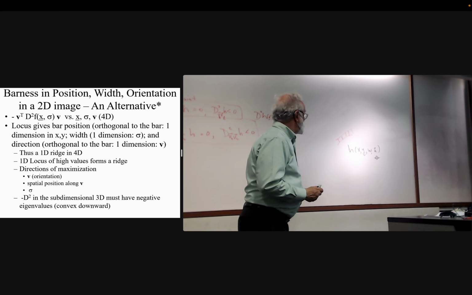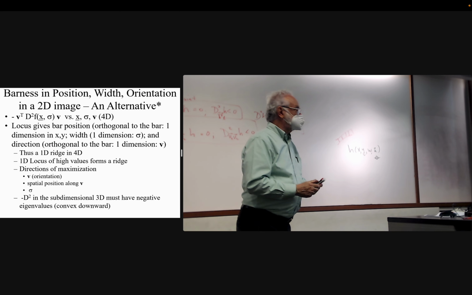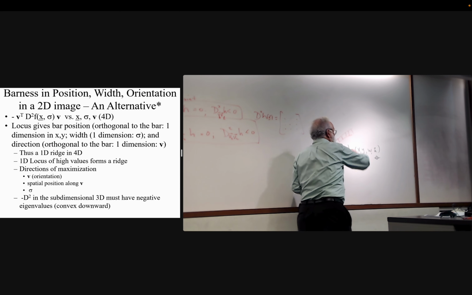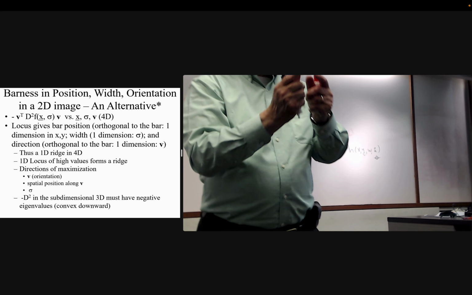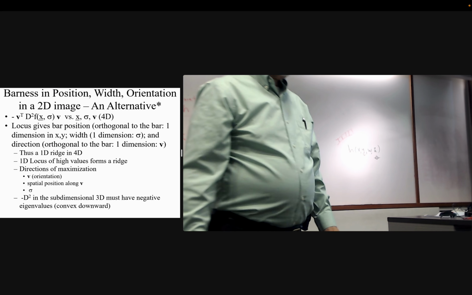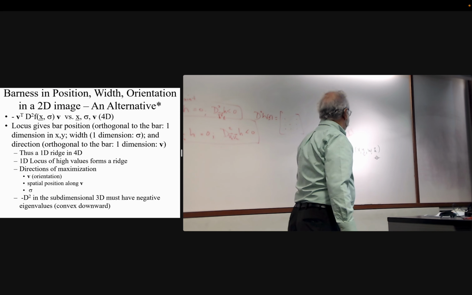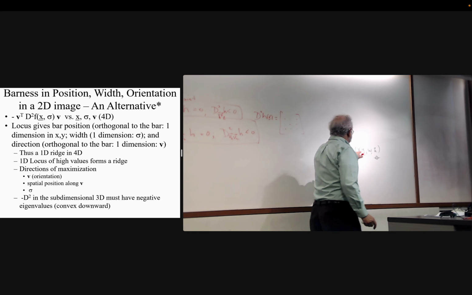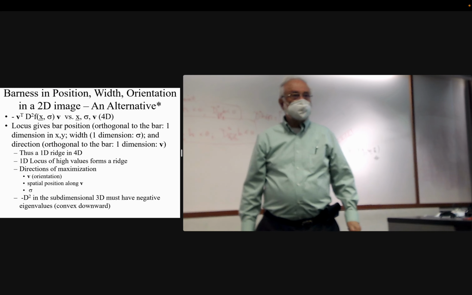And what we're trying to do is to find a curve that runs down the center of the bar. That corresponds to something that's W wide, and the angle orthogonal to that curve is this, the width W is how wide the bar is.